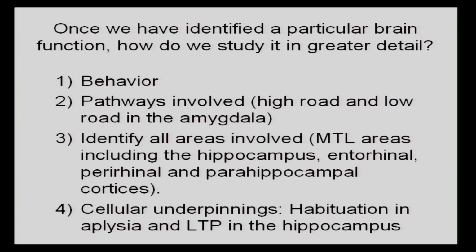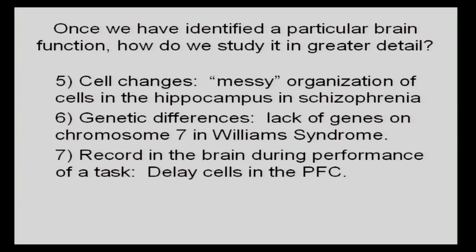You can go deeper and understand the cellular underpinnings of this function, plasticity, for example. You can study it in very simple systems like in Aplysia, or you can study it in even more complex systems like LTP, studied in the hippocampus. You can study cell changes in things like schizophrenia, where we saw the messy organization of cells in the hippocampus.